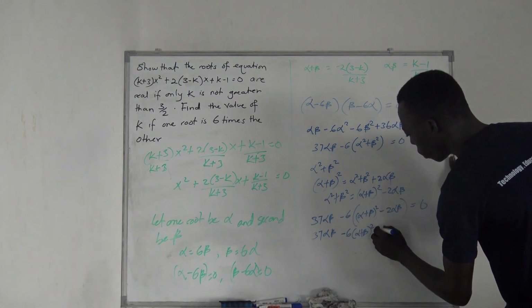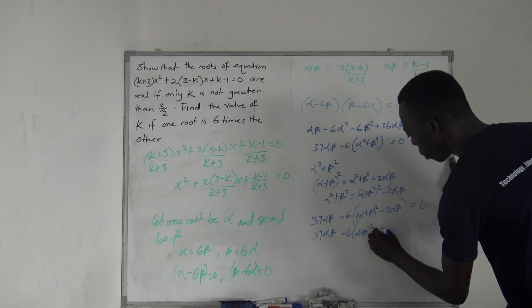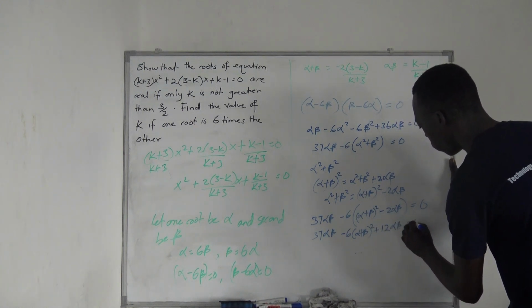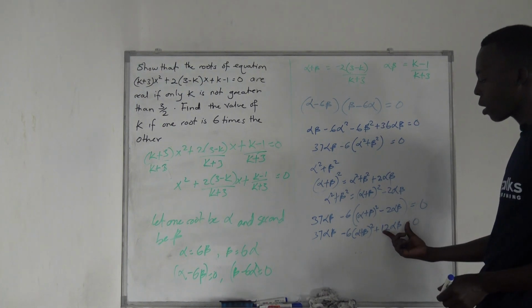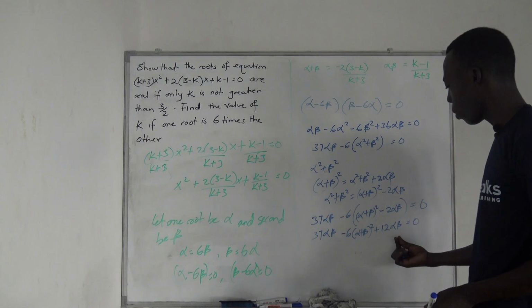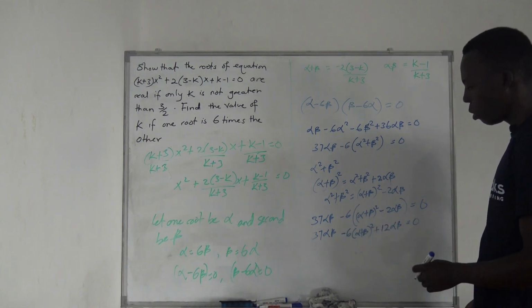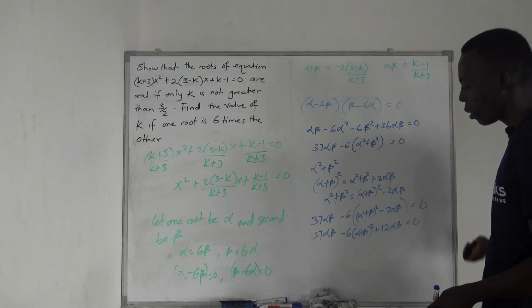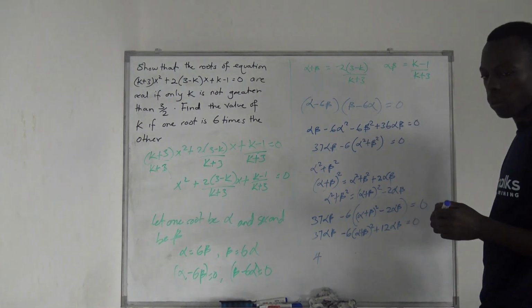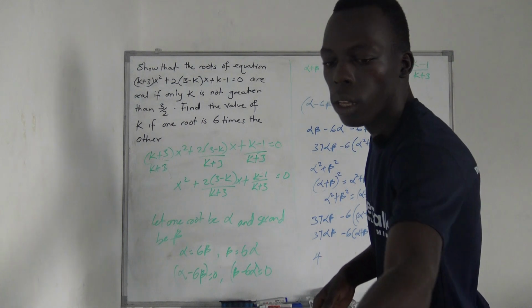So this minus this becomes plus 12 alpha beta, which is equal to 0. So now combine this one with this. We are combining the two, which gives 49.